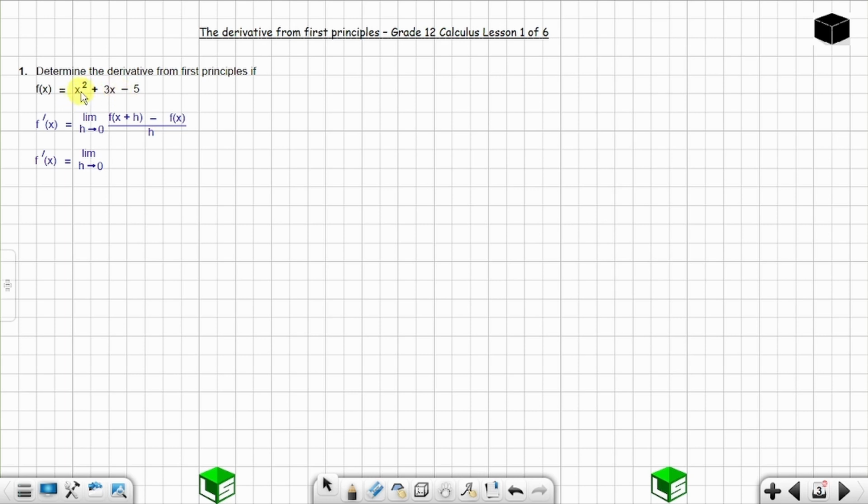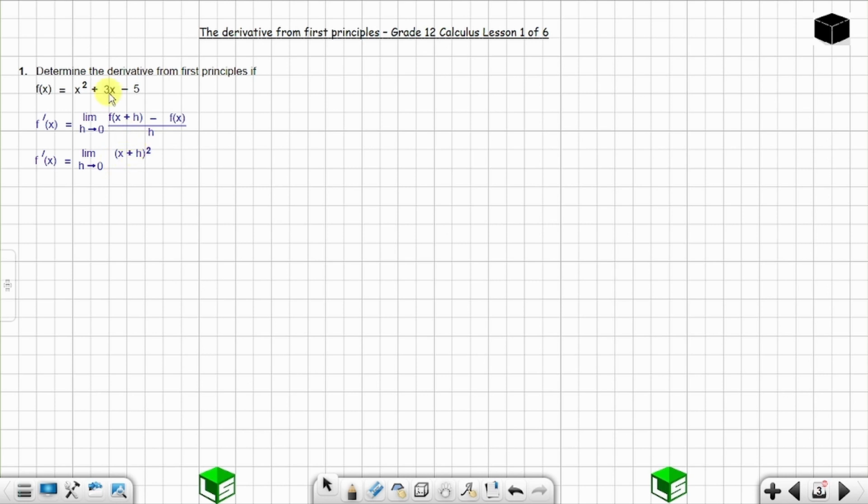Whenever you see x, you substitute x plus h. So you have x squared; you remove this x and put x plus h squared, right? Now you can see you have x plus h squared instead of x squared.